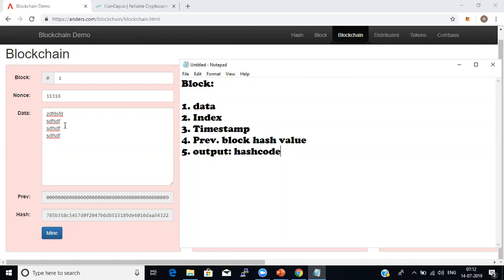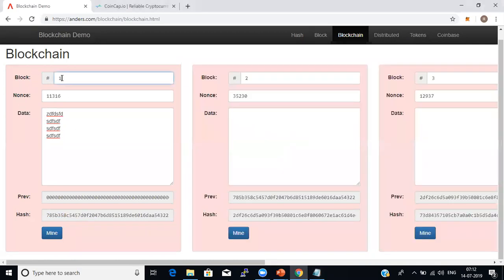And how is this hash code generated, at least for this block? Based on block size, block index, and nonce value, which I will explain in a few minutes, and data. This is our original transaction. Suppose we transfer some funds from XYZ to some ABC account, all the transactions will be recorded over here.